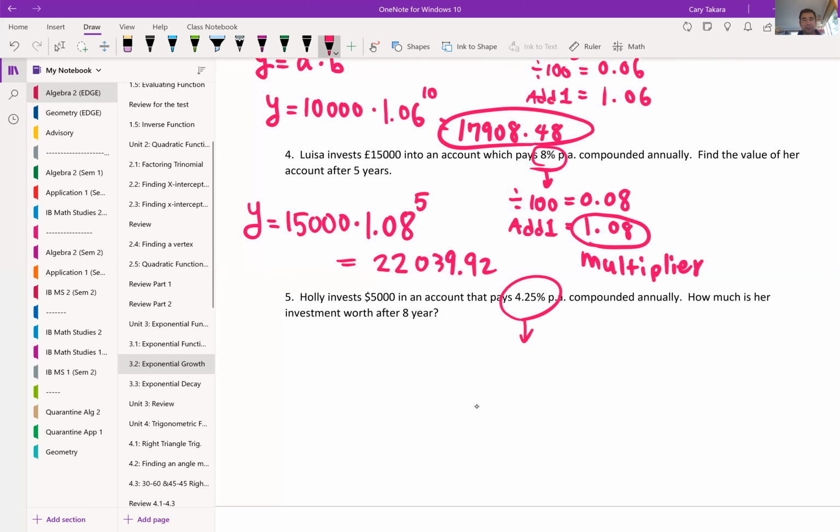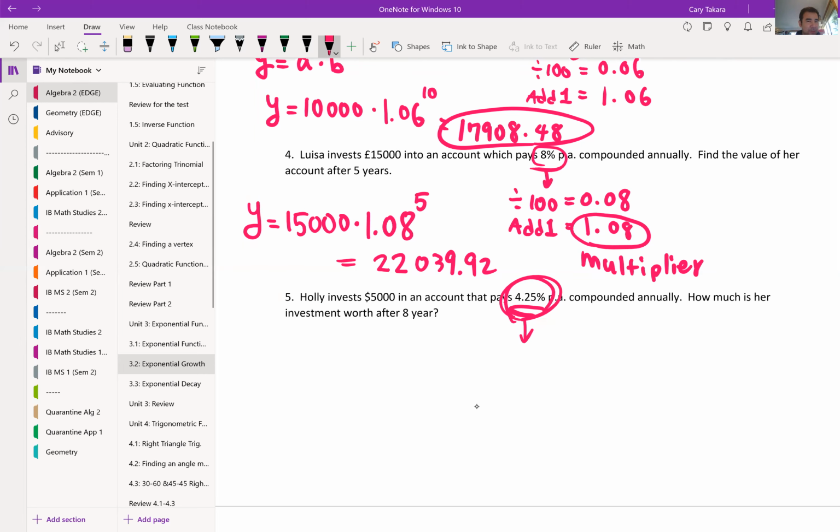So 4.25%. Now, for some reason, when people see a decimal percentage, they start to do some funny things. But you just do the same thing, okay? Even though it is a decimal, it is still a percentage.